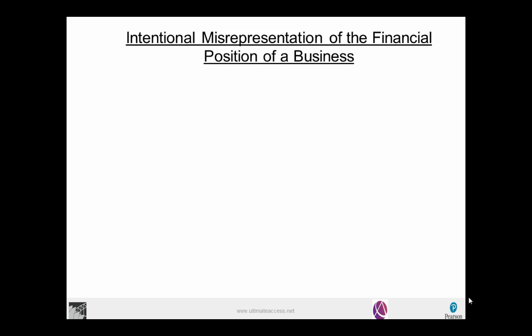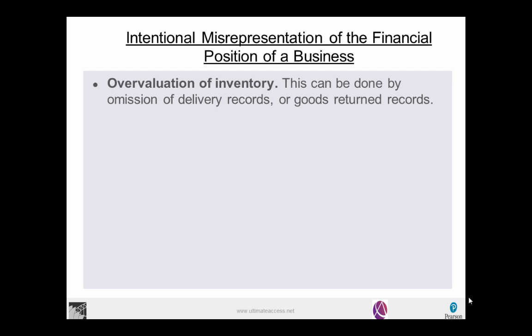Then the second category, intentional misrepresentation of the financial position of a business. Here we'll see overvaluation of inventory. This can be done when you omit delivery records or goods return records, so you show like you have more than you actually do have. Two is fictitious sales or false sales.